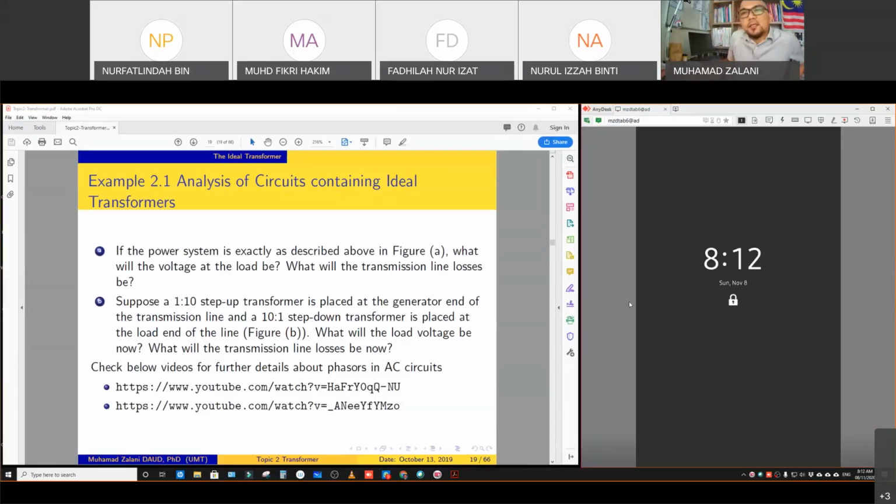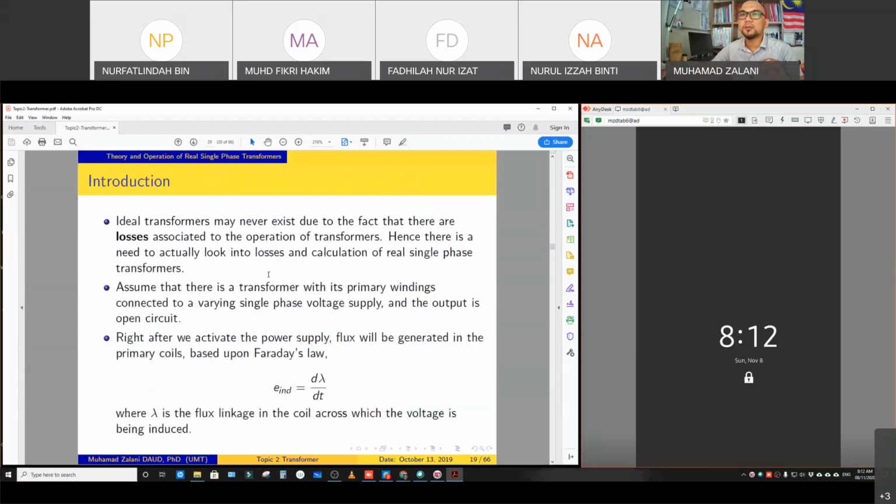Basically, we have already finished discussing up to example 2.1, as you can see here, which is the ideal transformer that we discussed in our previous lesson. This is the 5th week of lecture out of 14 overall. In this 5th week, we are still in topic 2, but today we are going to move on to theory and operation of real single phase transformer.